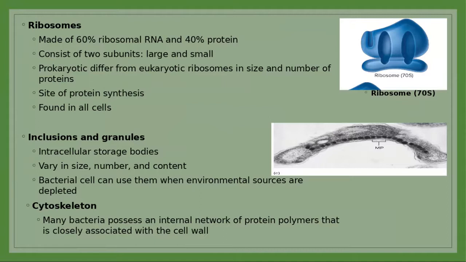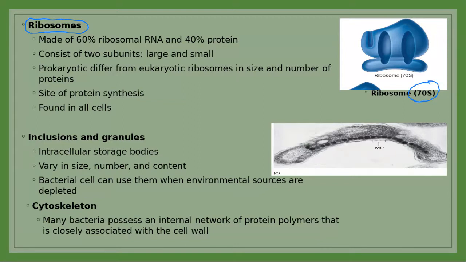Ribosome, again, all cells will have ribosome, including bacteria or prokaryotic cells. The difference between ribosomes in prokaryotic and eukaryotic cells is the size. The ribosome of a prokaryotic cell is smaller, which is 70S. That's the size unit.